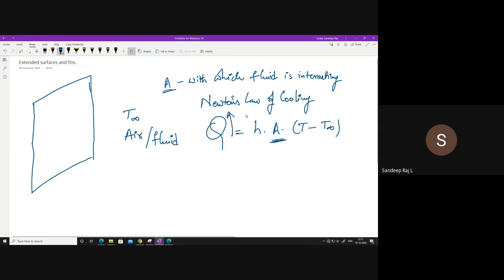So how do I go about it? How can I increase the area? For that purpose, I will have something called an extended surface, or this is also called a fin.